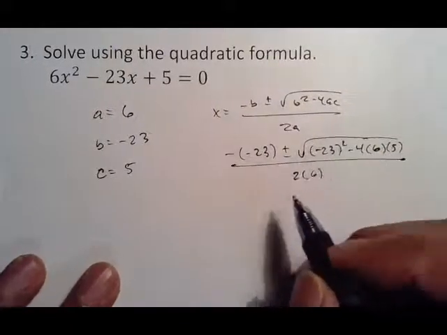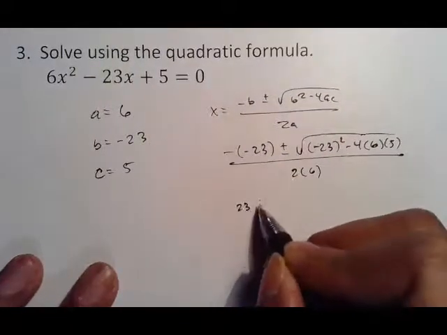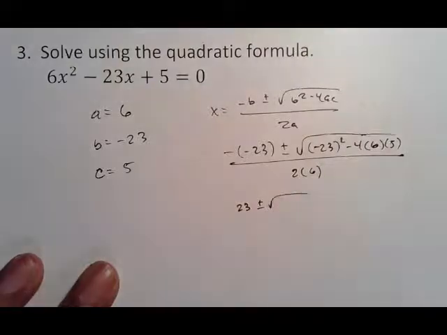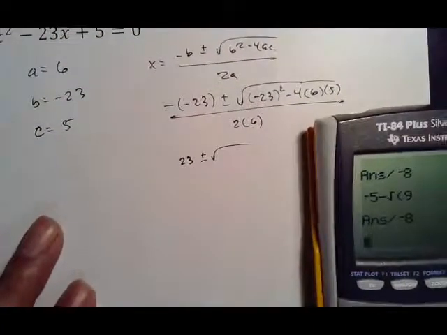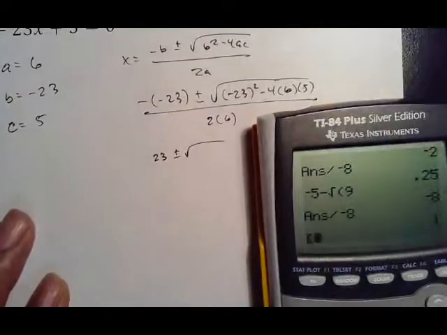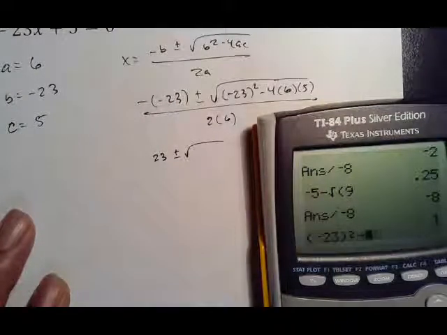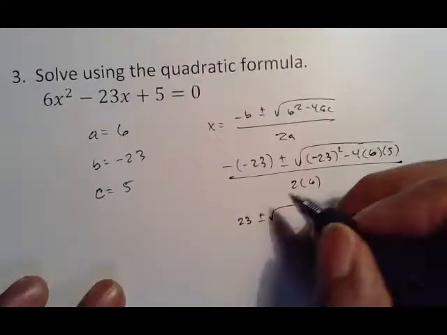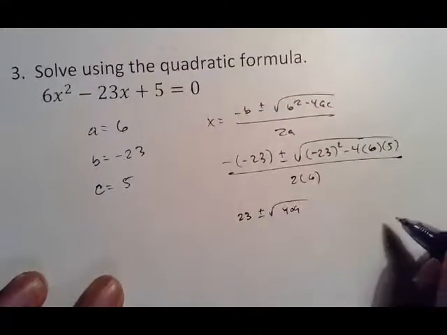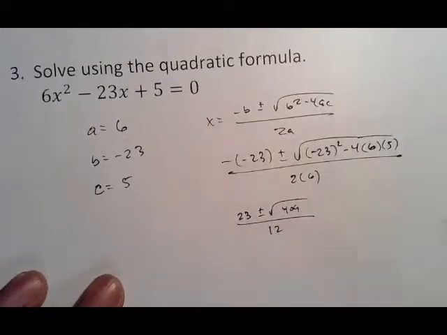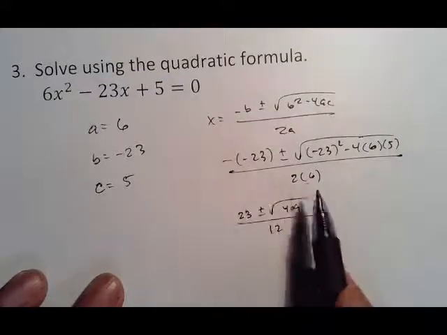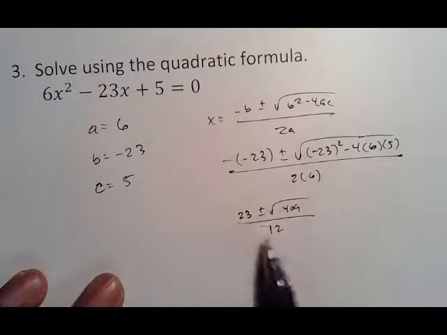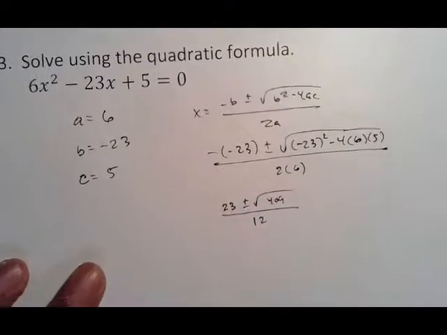Again, still not to the point where we want to dive off the board yet, but after this step we can. So negative negative 23, which becomes positive because that was a double negative, negative 23 squared minus 4, 6, 5 is 409 all over 12. Again, notice I don't use a calculator there, but I use it in here and type this in carefully.